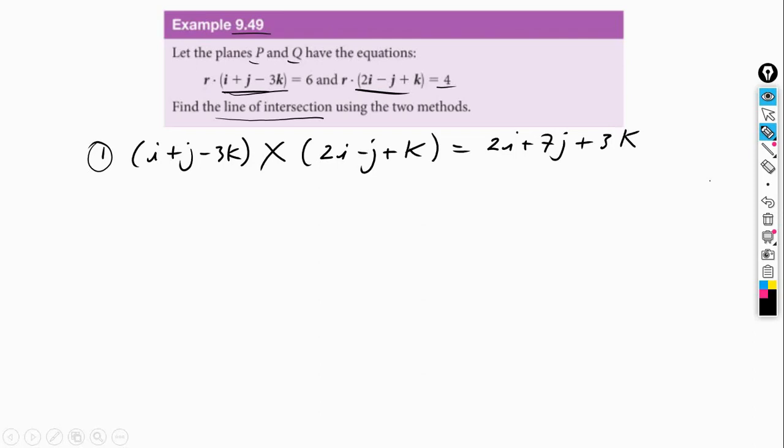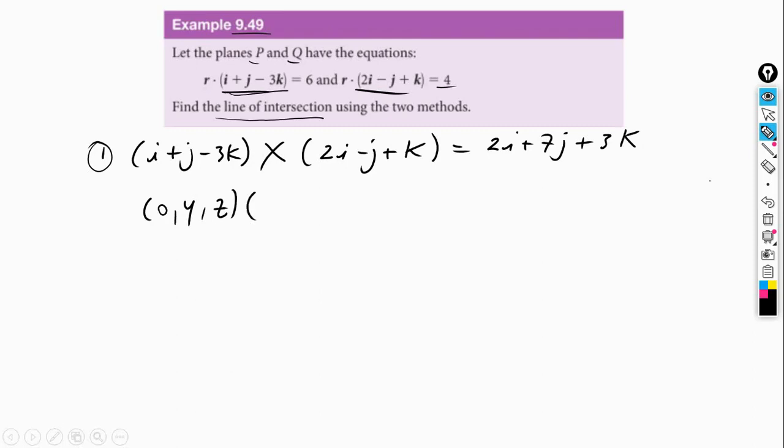Then we need to find a point on the line of intersection. So we use the fact that the point must satisfy both equations, so it must be on both of these planes. So let's call an arbitrary point (0, y, z). So we make x 0 out of convenience.